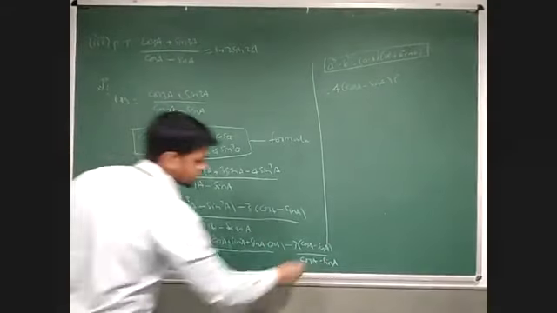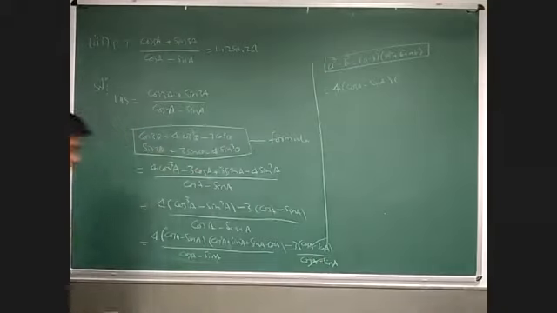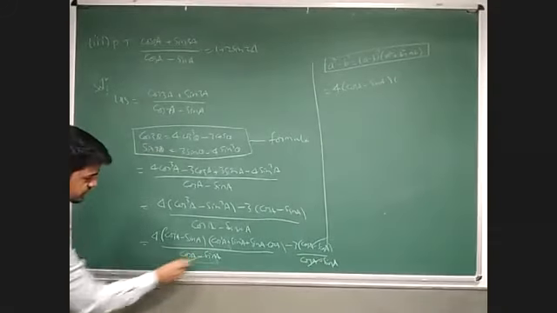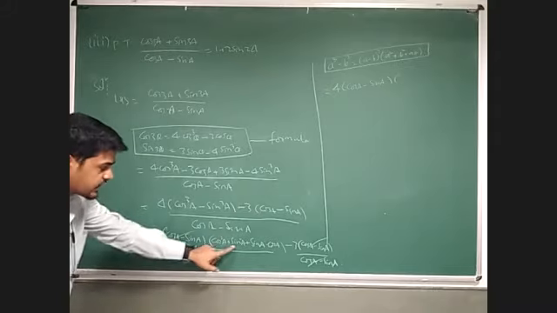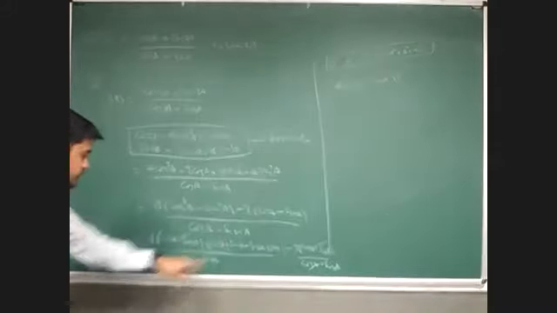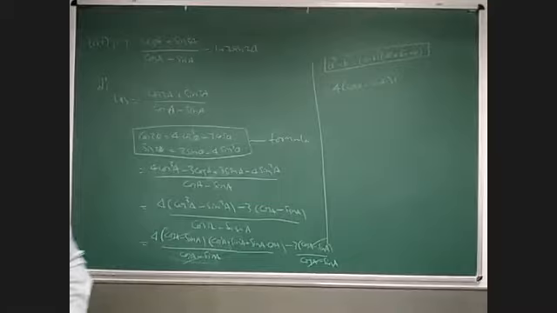Okay, see here, cos a minus sin a will get cancelled, and from here this term and this term will get cancelled. Okay, and sin square a plus cos square a will be 1.